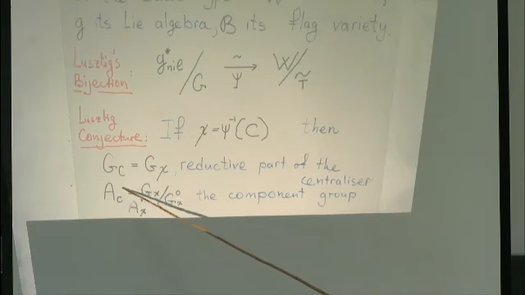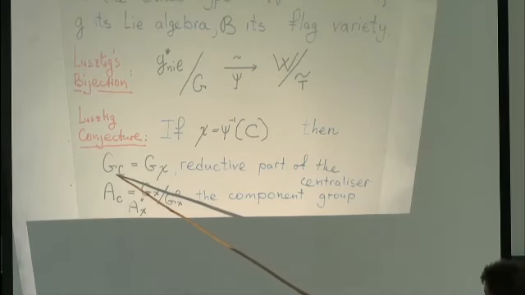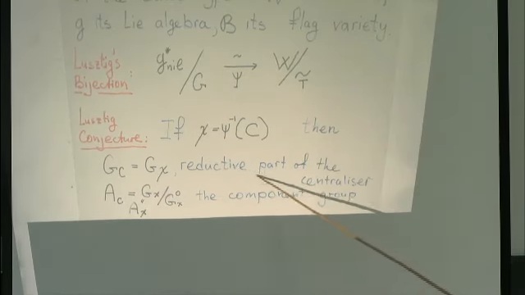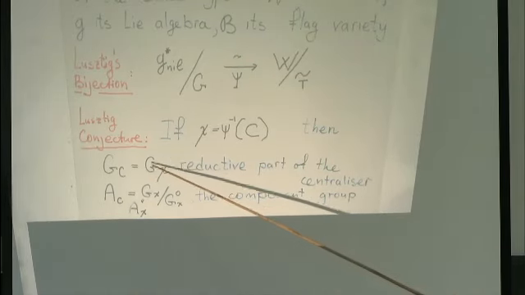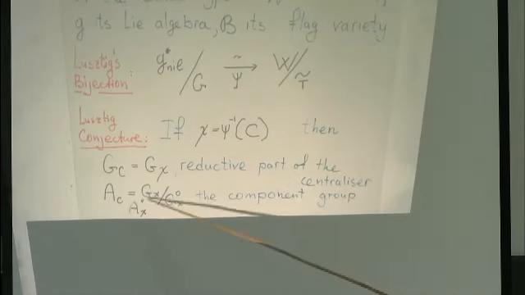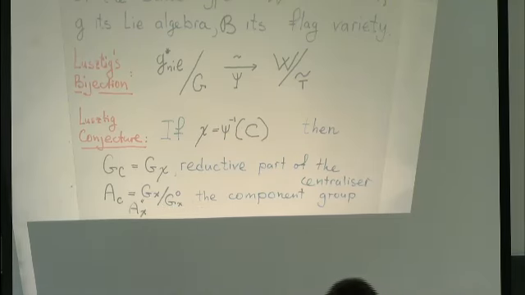Then G_C has to be the reductive part of the centralizer of the nilpotent element, and the finite group is the component group. In a moment I am going to tell you what X_C is.